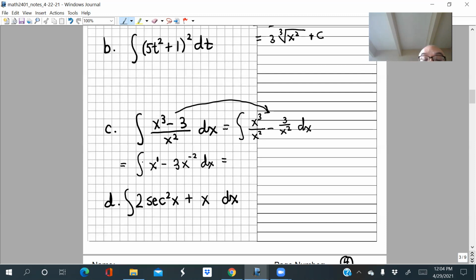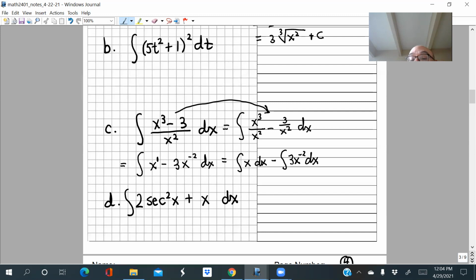So in other words, I can write this as the antiderivative of x minus the antiderivative of 3x to the minus 2. So I can integrate this term by term. Now, if this were x times 3x to the minus 2, you could not break it up like this. But since it's x minus 3x to the minus 2, I can break this up into two different antiderivatives.